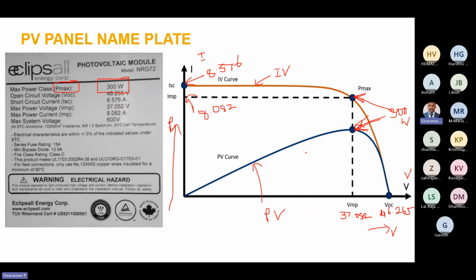In the PV curve, if you see, this is the point. In this point only the maximum power occurs.